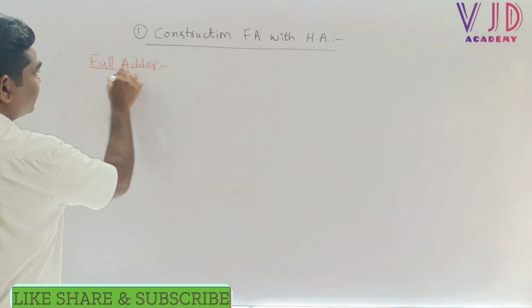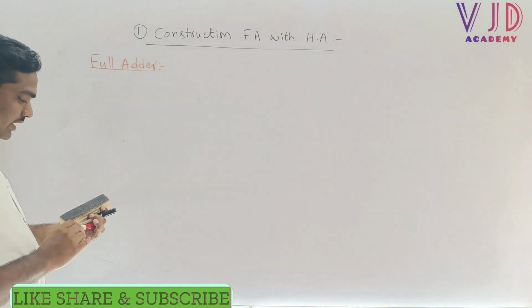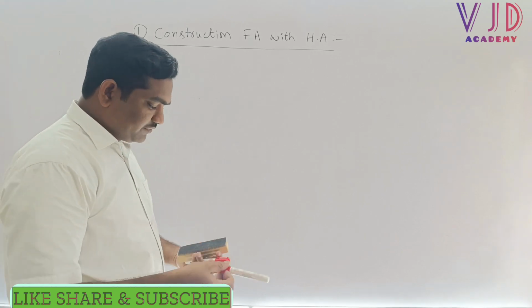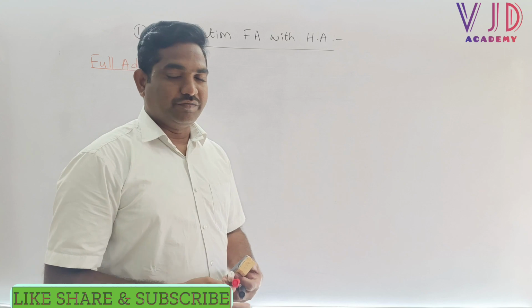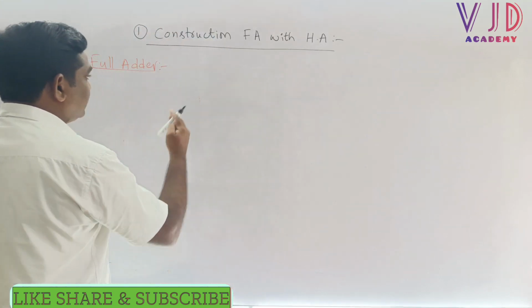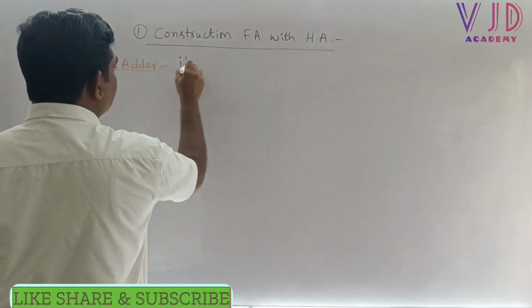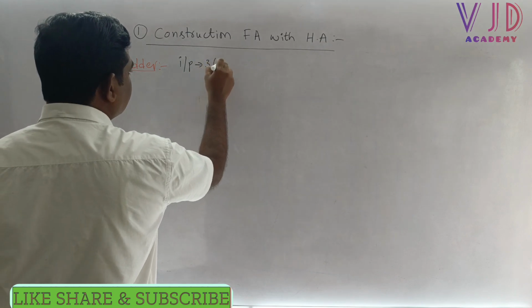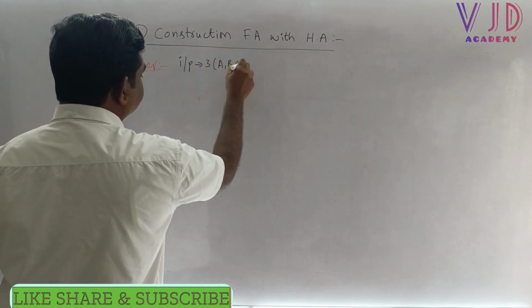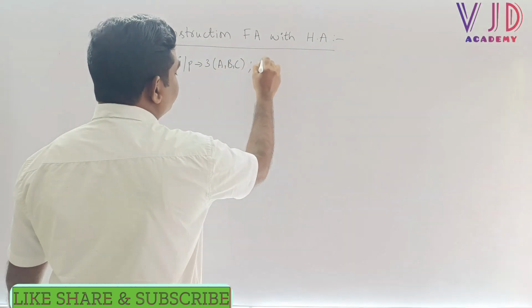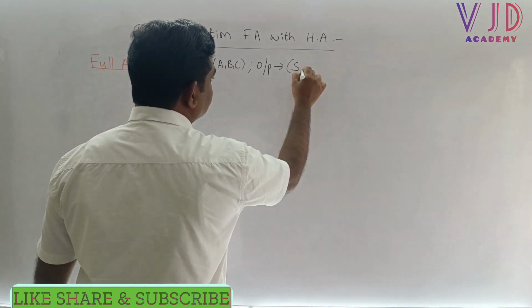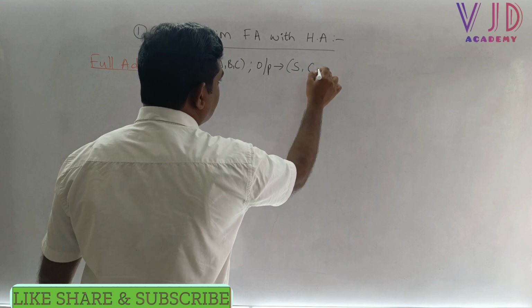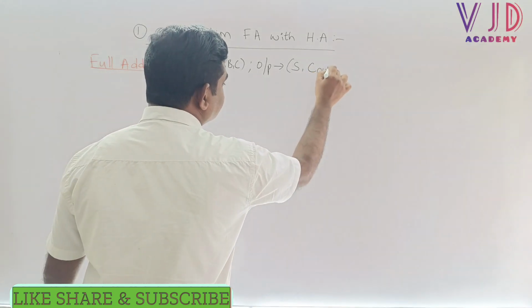Can anybody tell me what is the number of inputs for a full adder? We have 3 inputs and 2 outputs. The inputs of the full adder are 3, which are A, B, C. The outputs of the full adder are, first one is sum and then the second one is carry, C out.